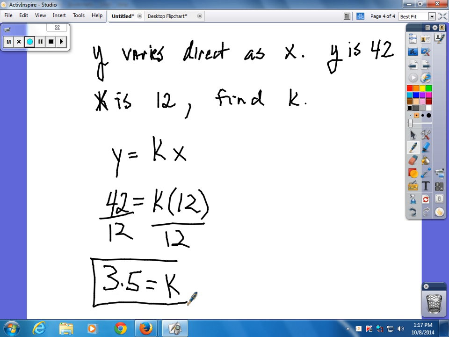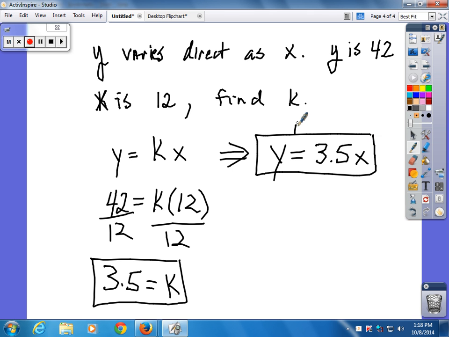Now, this is the second type question to find K. The third type question, where it says put K back in, just take this and say Y is equal to 3.5 times X. This is type question number 3.